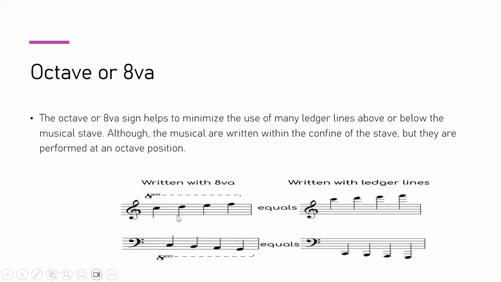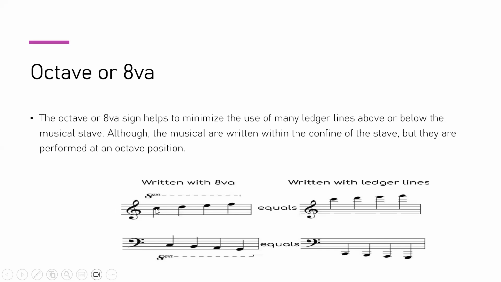Look at it now. The first note here is C. The second note here is D. The third note here is E. And the fourth note here is F. What's the key of this music? Yeah, we can say it's C major because it does not have any accidental. So it's a C major key.